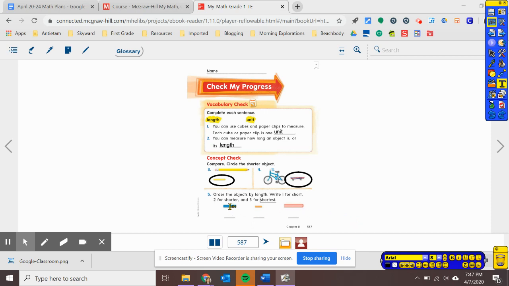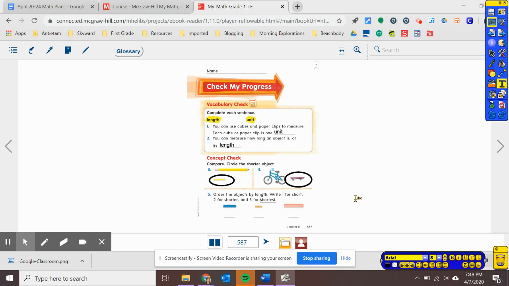Is it the blue, the yellow, or the pink? Put a number 1 for the longest object. Then put a number 2 under the object that is next, the one that is in between short and long. And finally, put your 3 for the shortest one.